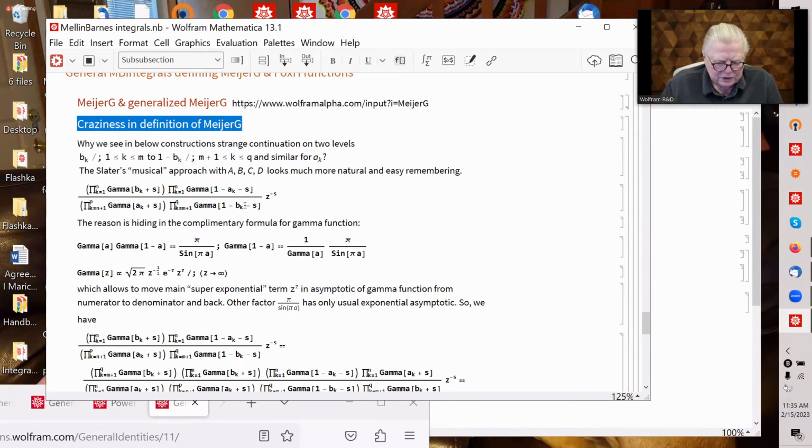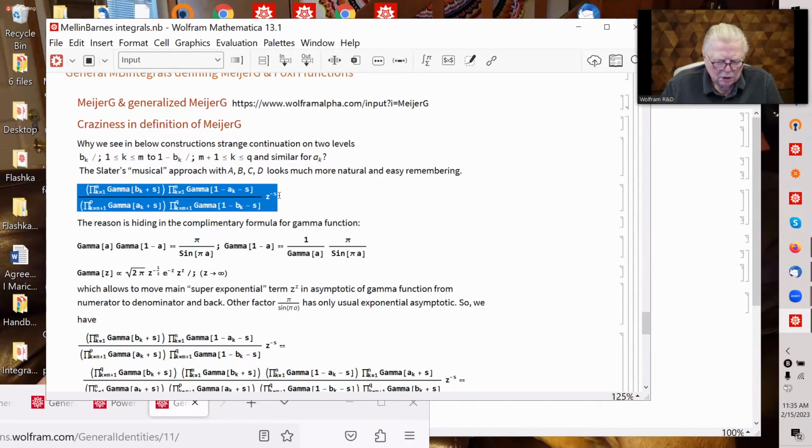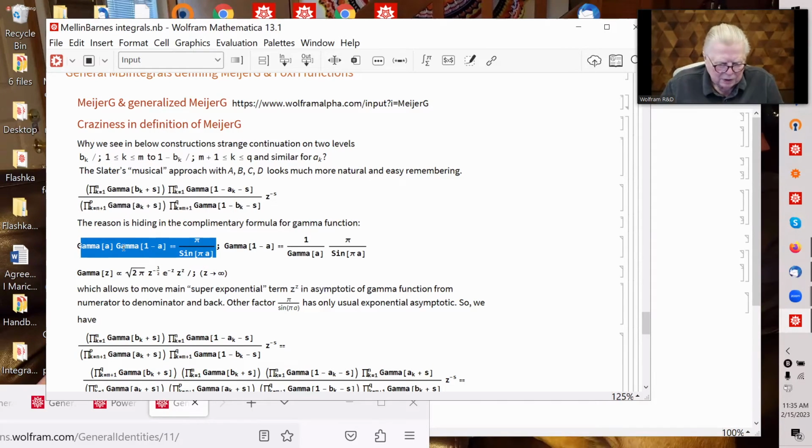If we have this construction, we immediately memorize that we have the additional complementary formula for the gamma function, and then we can see that we can move a gamma from the numerator to a gamma in the denominator, and then we also should memorize that the gamma function has the Stirling formula.